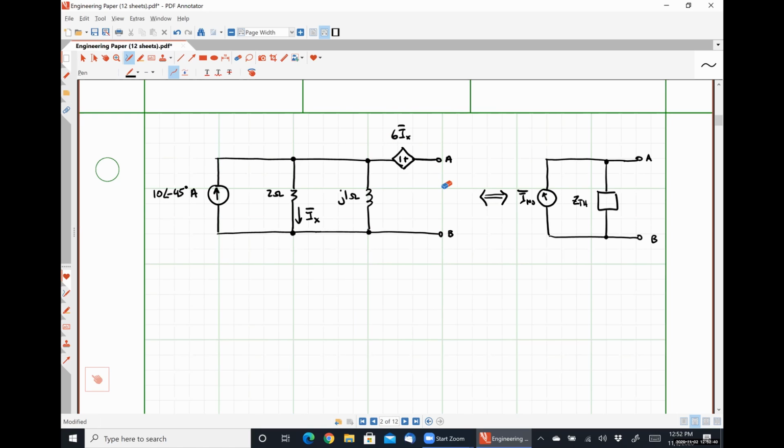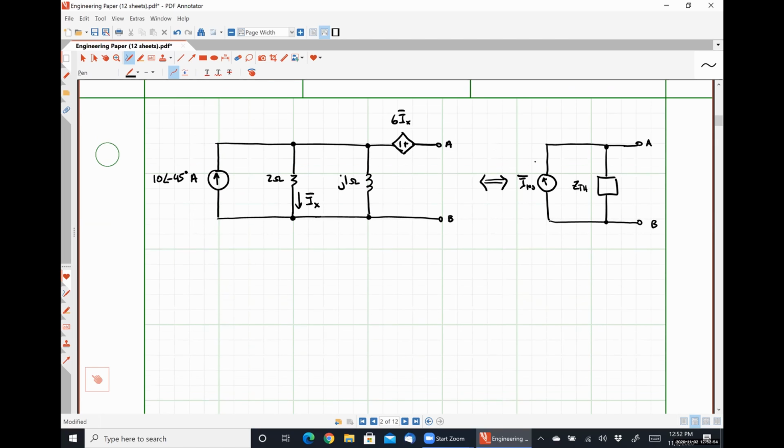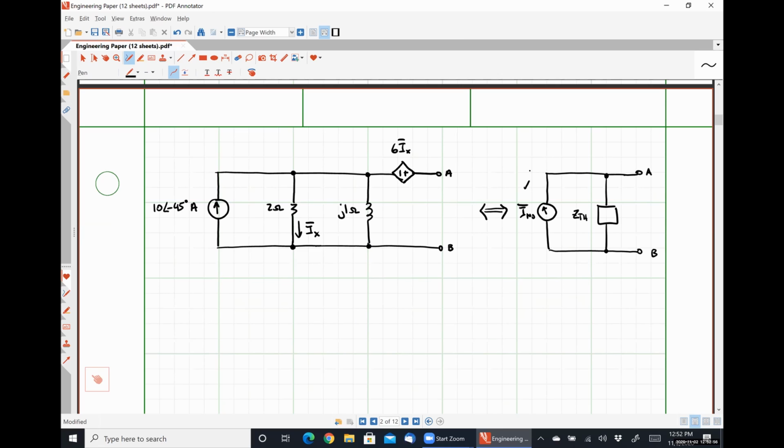It really depends on what quantity we're trying to find, which begs the question, which quantity do you guys want to find first? So our options are the Norton current, which we need because we're trying to find the Norton equivalent circuit.